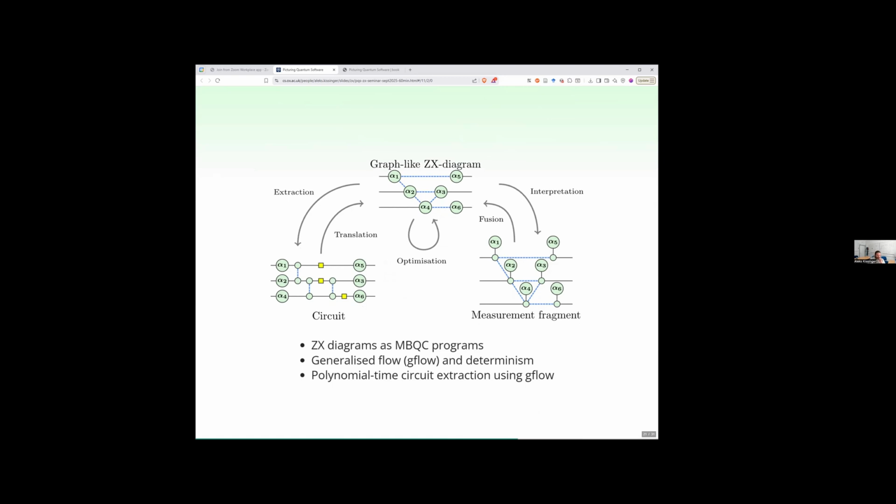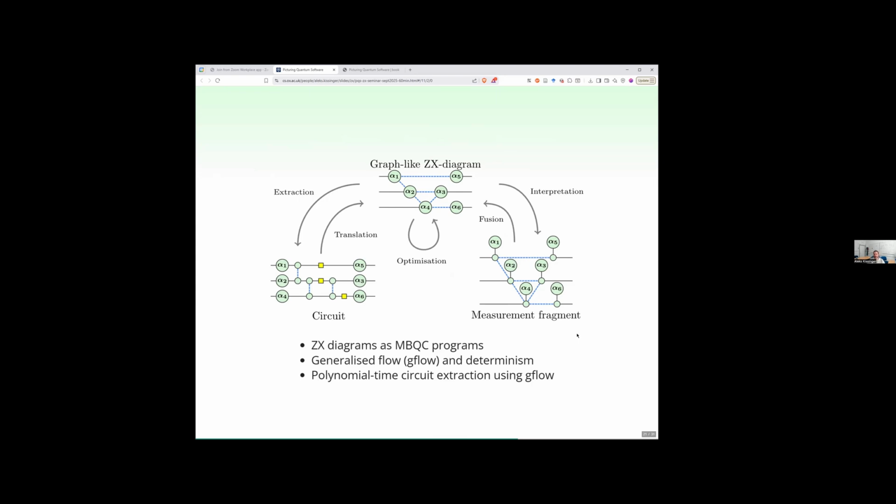The reason that this concept of generalized flow comes from is measurement-based quantum computing, where you would look at measurement fragments, these measurement patterns, and think about applying single qubit measurements and where I need to correct those measurements forward in time.